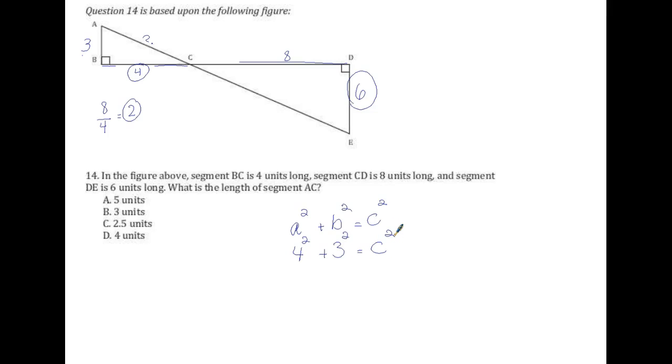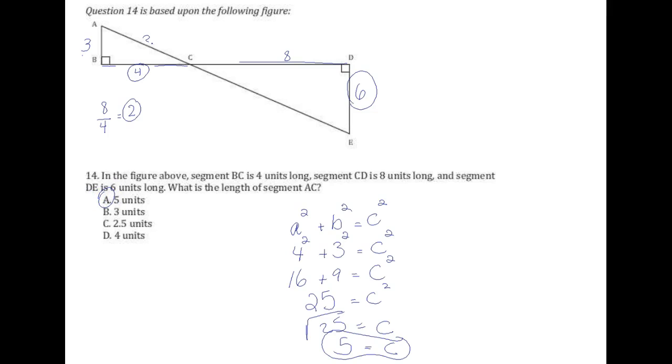Okay, so 4 times 4 is 16, 3 times 3 is a 9, equals C squared. 16 plus 9 is 25, equals C squared. Then to find C by itself, you need to square root 25, which is 5 times 5. So C is 5. So you get 5.